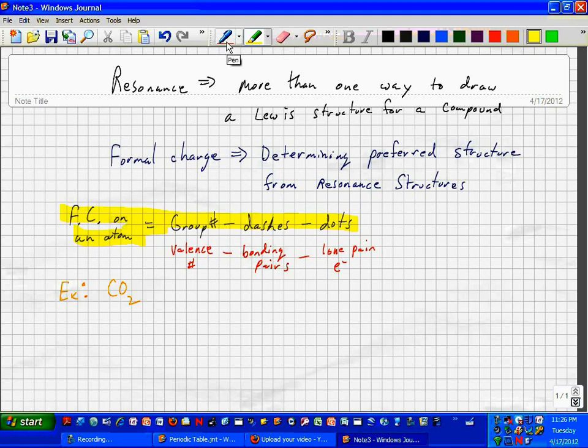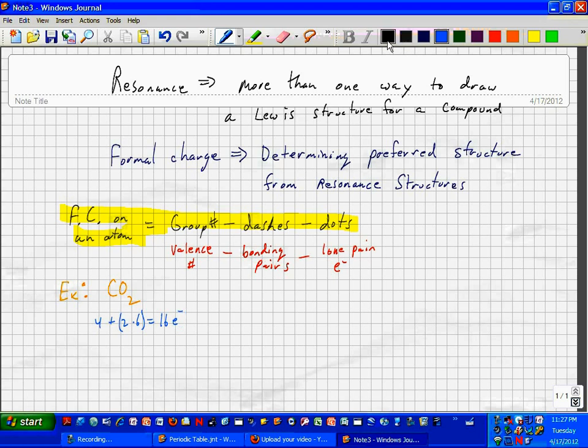So let's go ahead and take a look at an example here. Let's do carbon dioxide, CO2. Again, to draw the Lewis structure, I'm going to determine the number of valence electrons available. That's going to be 4 for carbon plus 2 times 6 for oxygen, grand total of 16 valence electrons.